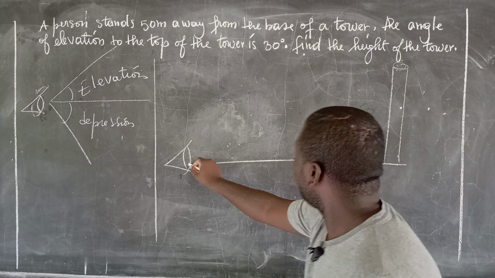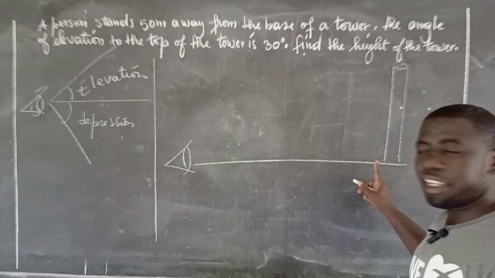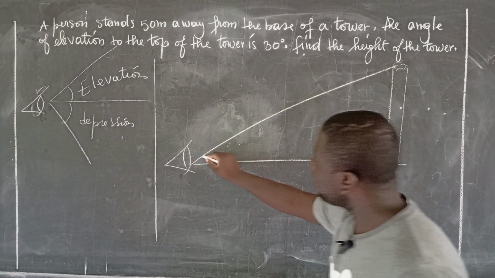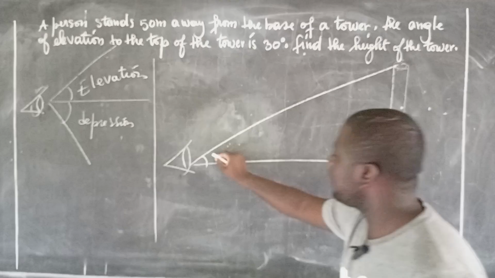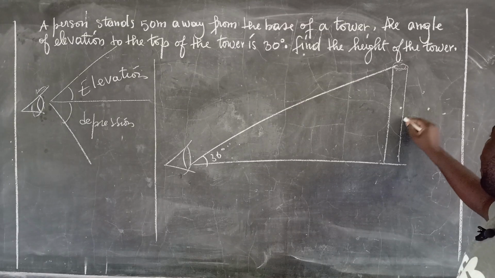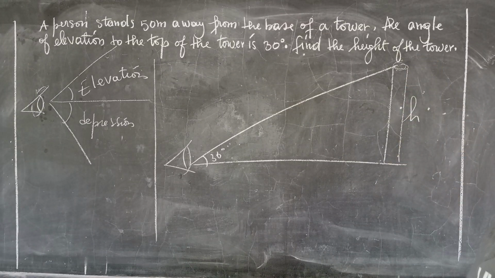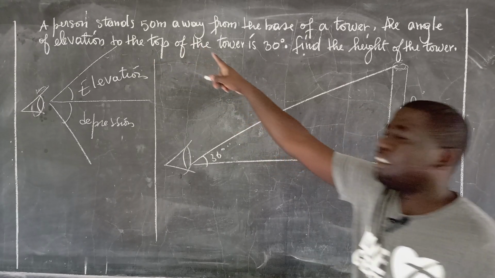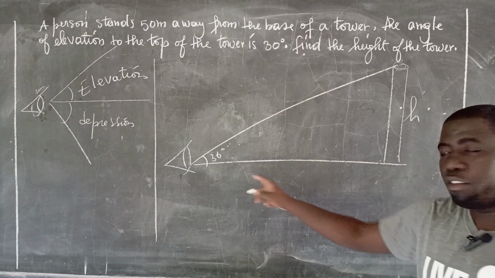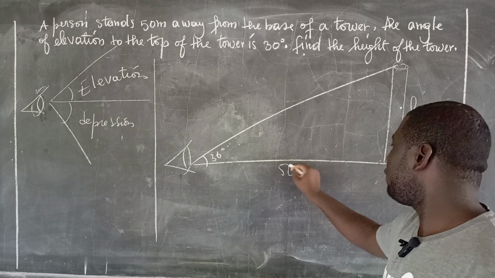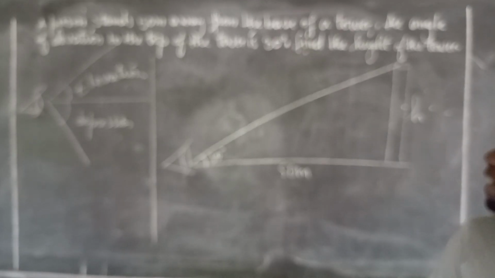Means that he can see horizontally, but we have an angle of elevation of 30 degrees, where we have height of tower. And remember, this person stands 50 meters away from the tower or the base of tower. Means that this distance is 50 meters.